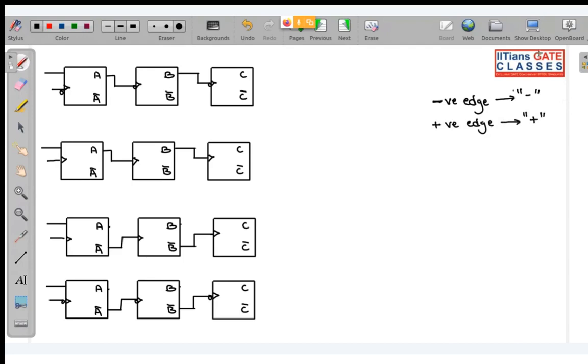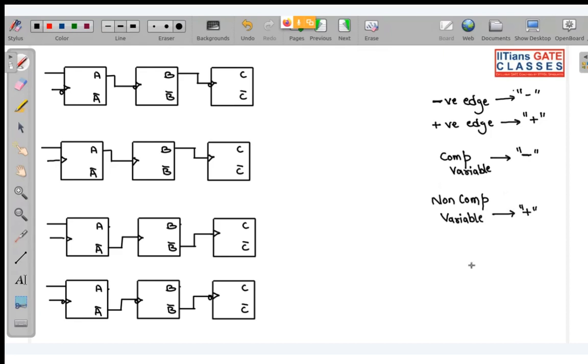Okay. Along with that, I have assumed that complemented variable, if we are taking your clock pulse from your complemented outputs, so that will correspond to negative sign. And if you take output from non-complemented variable, so that corresponds to positive sign. Okay, that corresponds to positive sign.